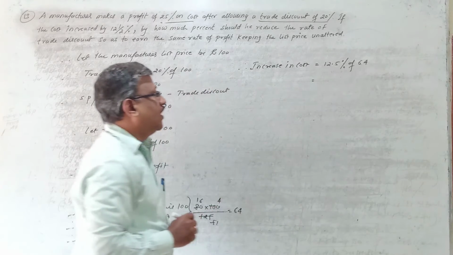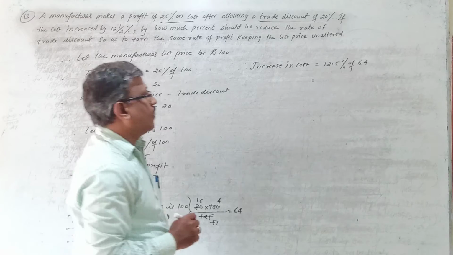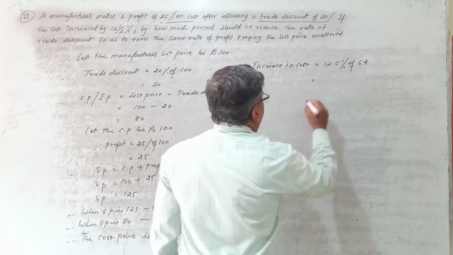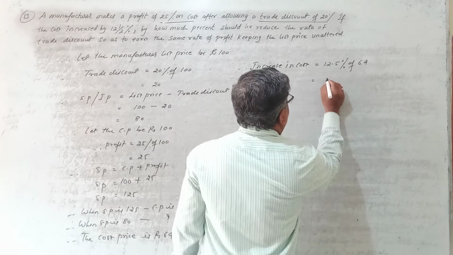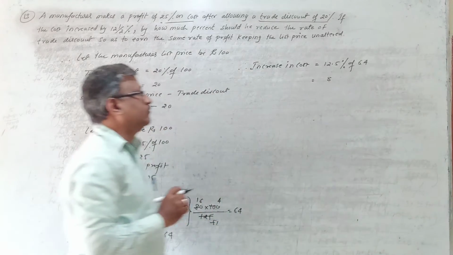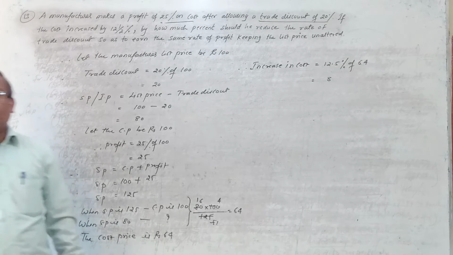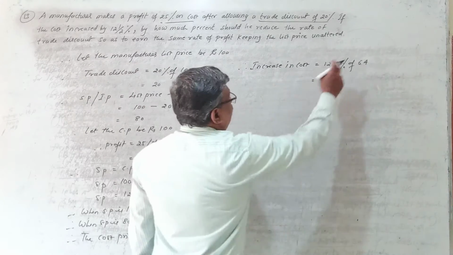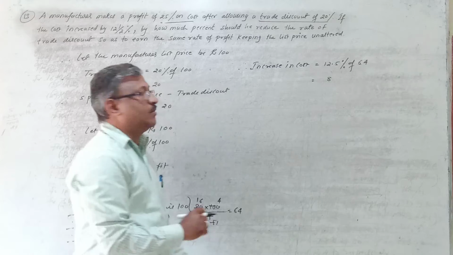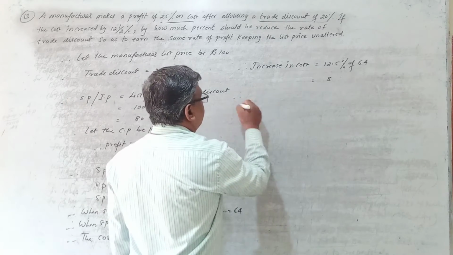So calculate 12.5% on 64. It comes to rupees 8. It comes to rupees how much? 8 rupees.